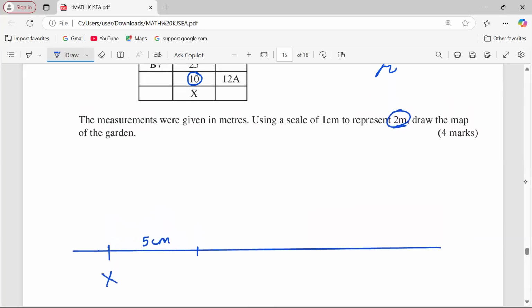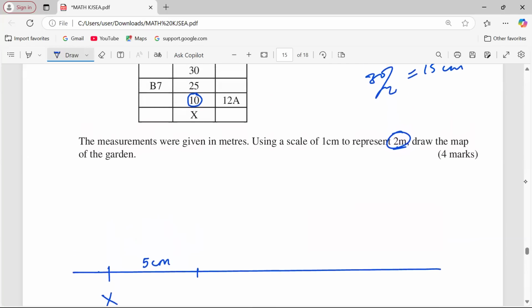Then the side where there is A, which is the right, we can go to the upper side. So 12 meters will be represented by 6 centimeters. So we use 6 centimeters to represent it. This will be point A.